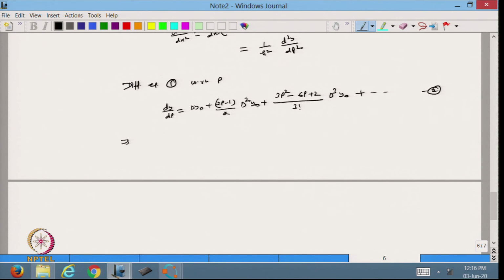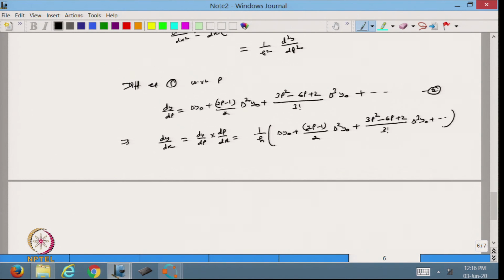So, based on this one I can find what is my dy by dx. So, at the value of x, this can be written as du by dp into dp by dx. So, from here I can write 1 by h [delta y naught] plus (2p minus 1) by 2 del square y naught plus (3p square minus 6p plus 2) by 3 factorial [del cube y naught] and so on.